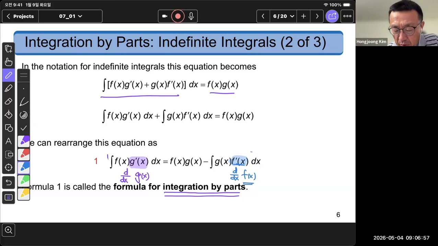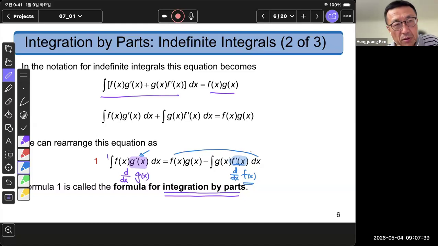So given the integral of two functions, if the integration is a little bit challenging, or if you cannot find an appropriate way to integrate that product, then integration by parts tells you that you can interpret one of these two functions as g' and the other one as f(x), and then apply integration by parts so that the differentiation goes to f(x), not g(x).